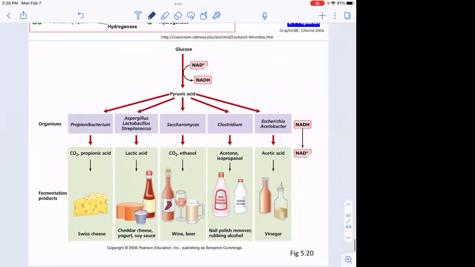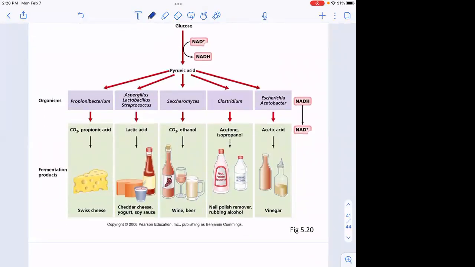So again, bacteria do some great things for us because of the fermentations that they can do. I mentioned the Swiss cheese, organisms that do this lactic acid fermentation, like Streptococcus, that may be one that you've heard of, you'll have strep throat probably.